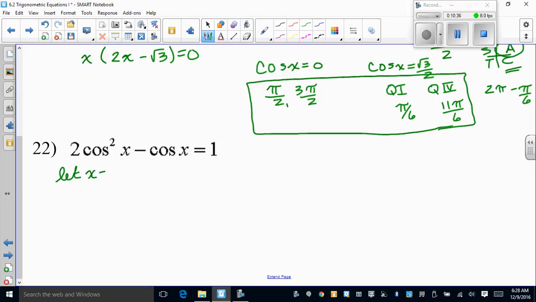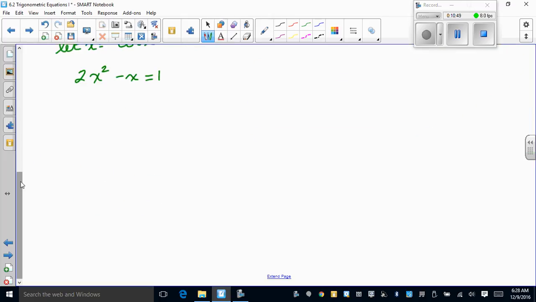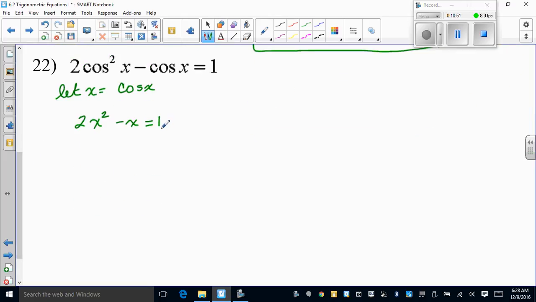So I have 2x squared minus x equals 1. You have to set this equal to 0. You cannot solve this one with the 1 over here. So subtract 1, subtract 1. So I have 2x squared minus x minus 1 equals 0.